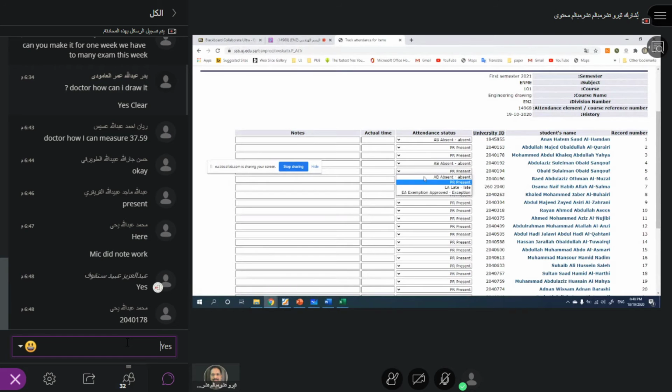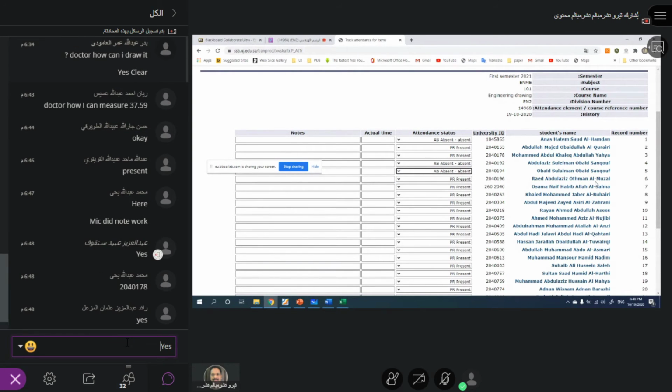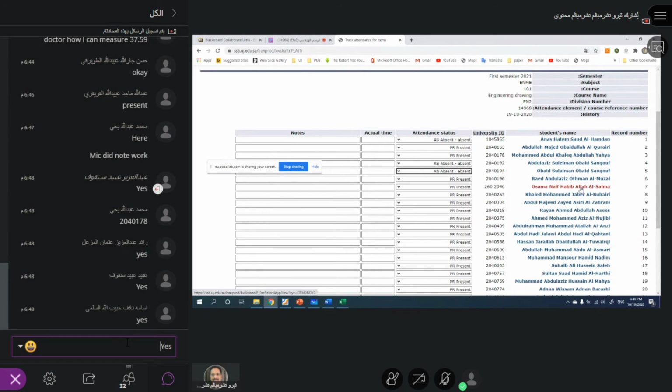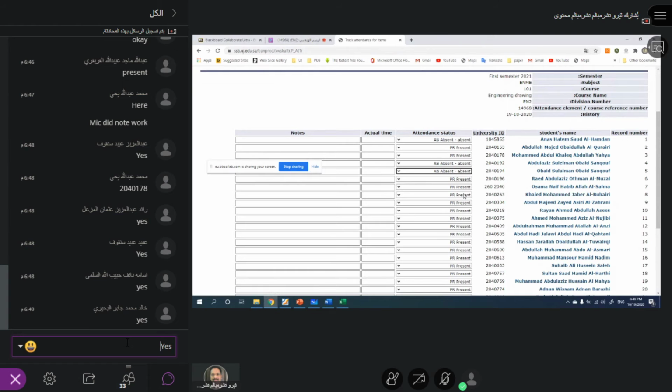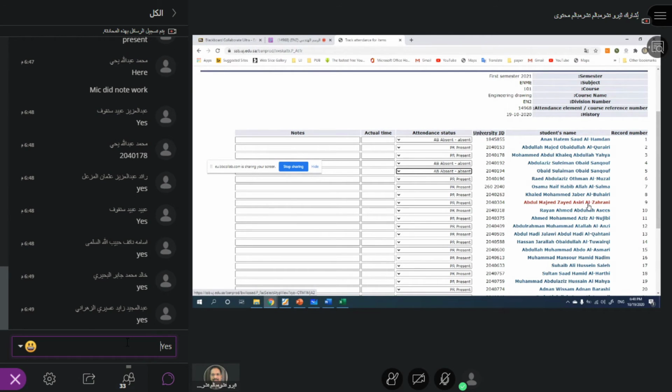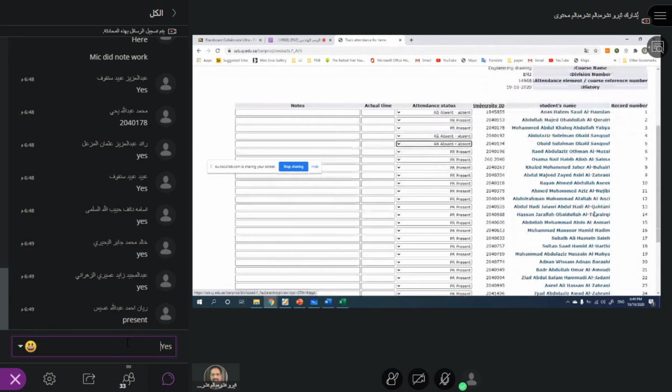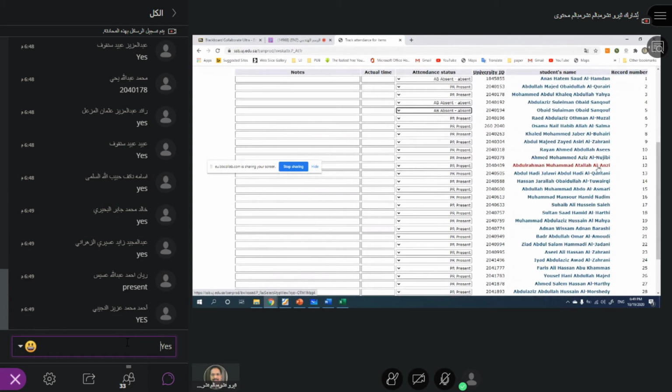Absent. Rayed Abdulaziz Uthman, Osama Naif Habib Allah, Khalid Muhammad Jabir Al Buhairi, Abdul Majid Zayed Asiri, Ryan Ahmad Abdullah, Ahmad Muhammad Aziz, Abdul Rahman Muhammad, Abdul Hadi Jallavi, Hassan Jarallah, Abdullah Muhammad Al Asmari, Muhammad Mansoor Hamid Nadim, absent.